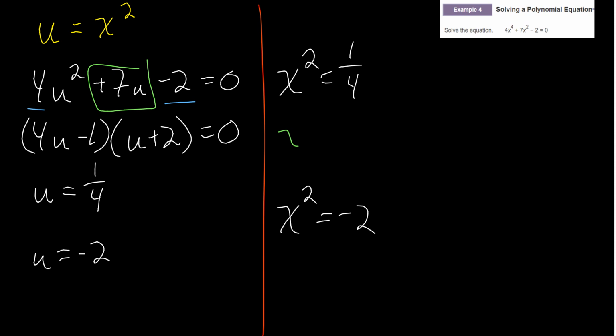I've got x is equal to plus or minus 1/2, and I've got x is equal to plus or minus i times the square root of 2. Okay, and that's it. So that wasn't too terribly bad, but that's how we do that problem.